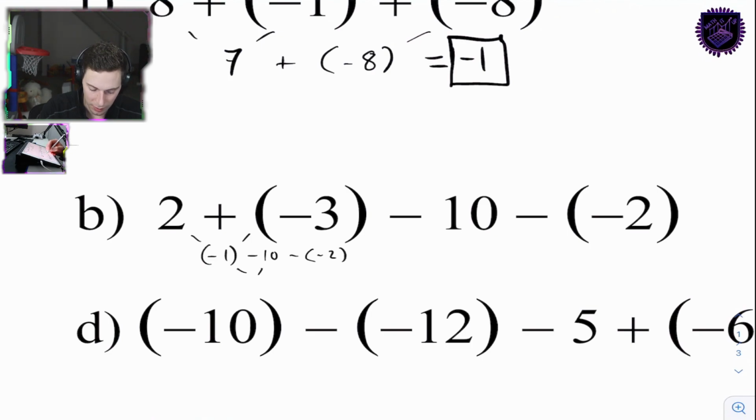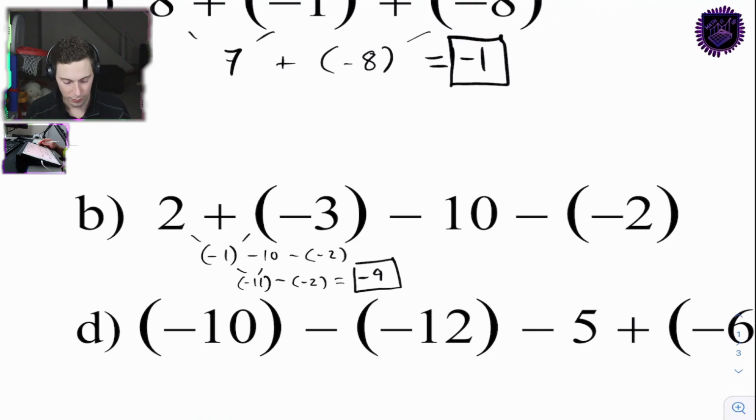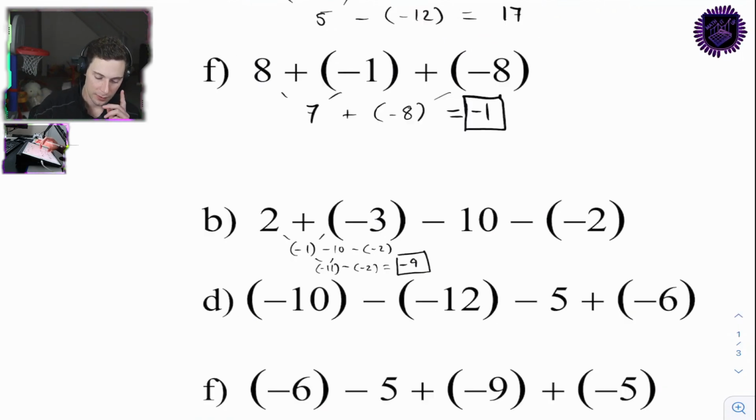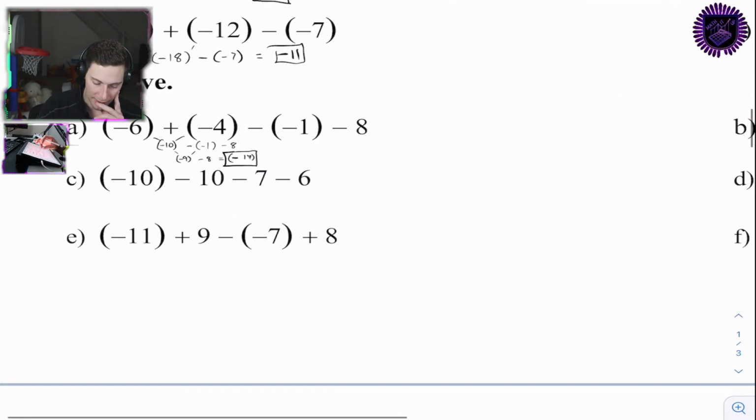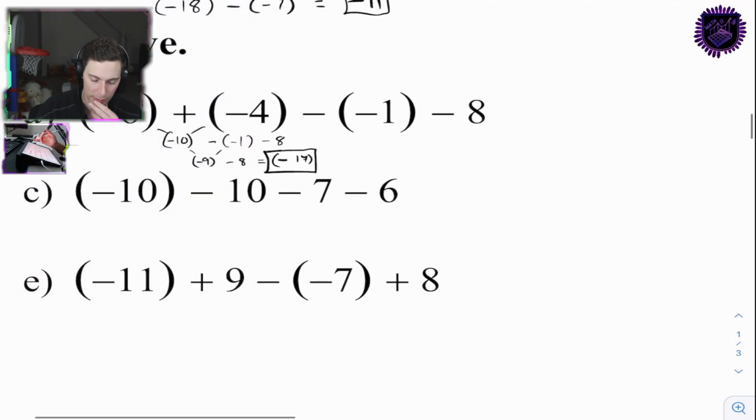This is going to be negative 11 minus negative 2. And that's going to equal negative 9. Should have given some more space. I had more space. Maybe I'll just stretch this out on my worksheet for everyone.